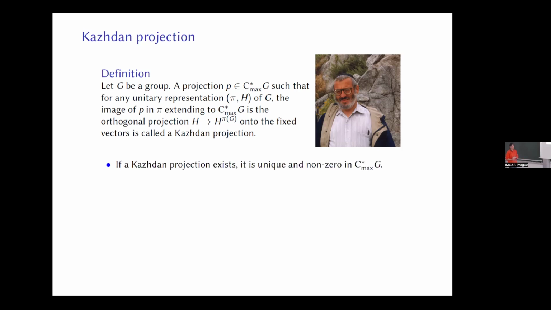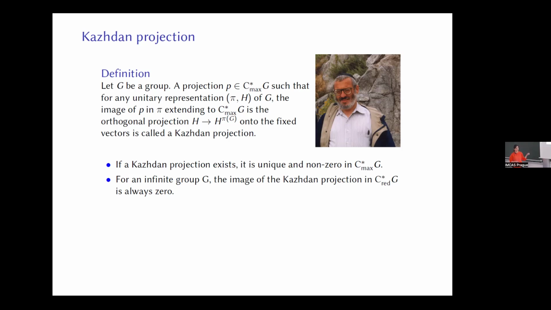So some facts about this. First, by the way we define this projection, it is unique. And it is non-zero. The non-zeroness is witnessed by the fact that the trivial representation has invariant vectors. So we can always see that through the trivial representation. Then if we are given an infinite group, what is this projection inside C-star reduced?